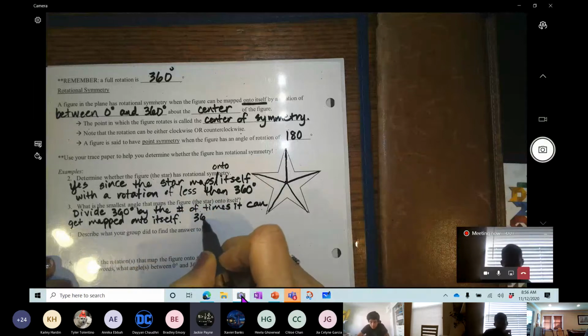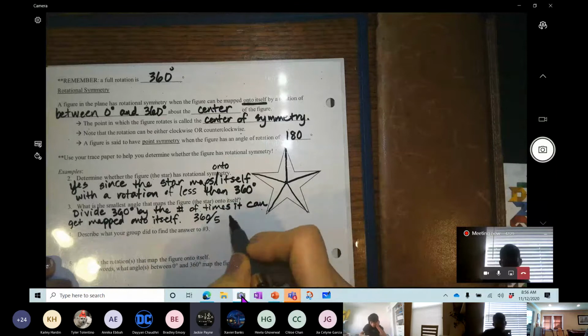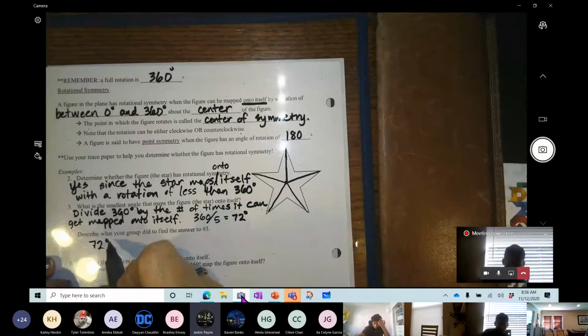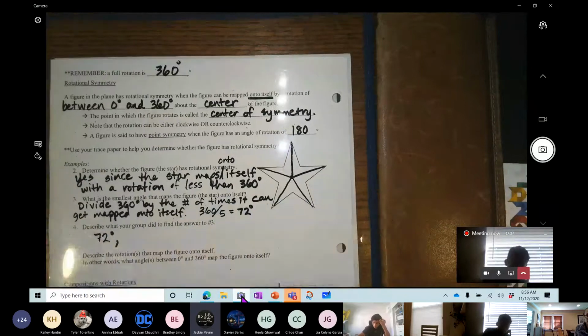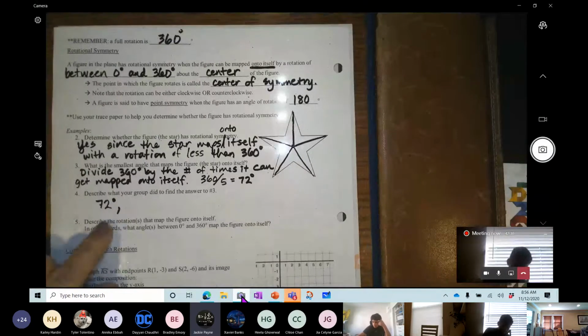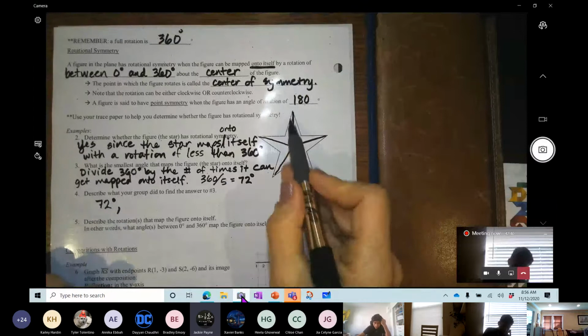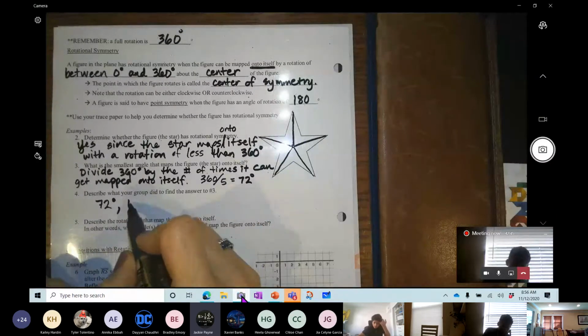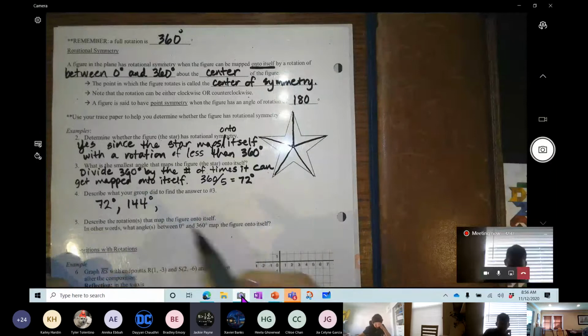Which means for us, we're going to do 360 divided by 5, and that gives us 72 degrees. Of course, this would normally be group work, but since it's notes, the first rotation here is 72. The second rotation is going to be another 72.